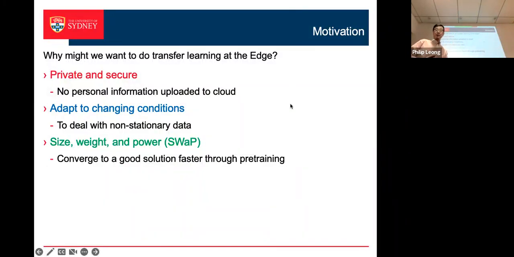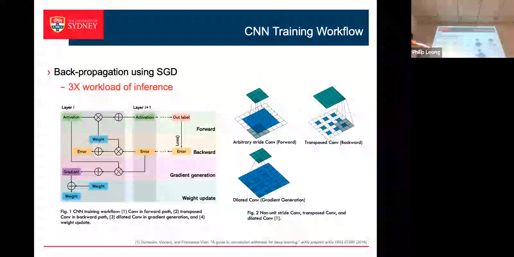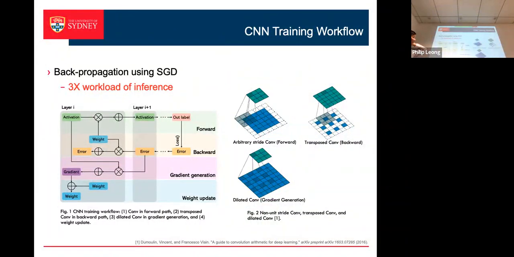Also, if we do transfer learning, because we're starting from a pre-learned network, we could perhaps converge to a good solution faster. So in any type of CNN training, we have to do the forward propagation. If we're going to support ResNet, we have to support both unit stride and non-unit stride convolutions, which not all FPGA implementations do.